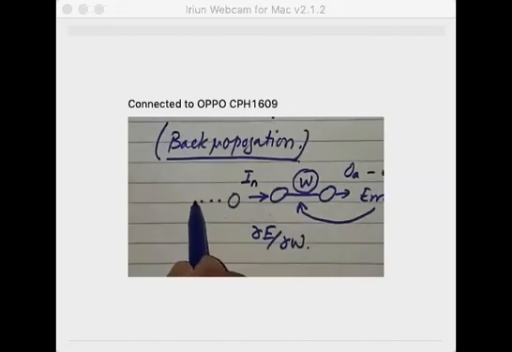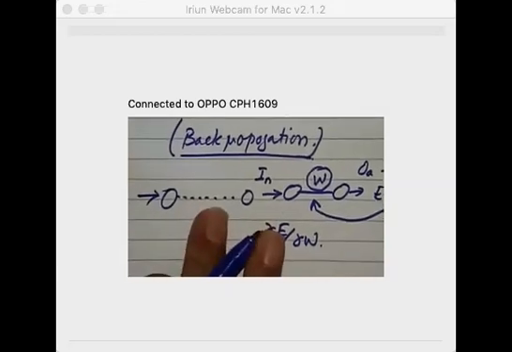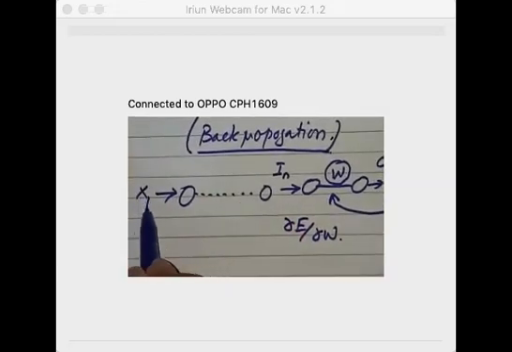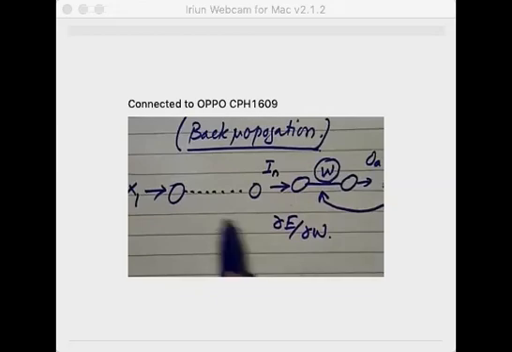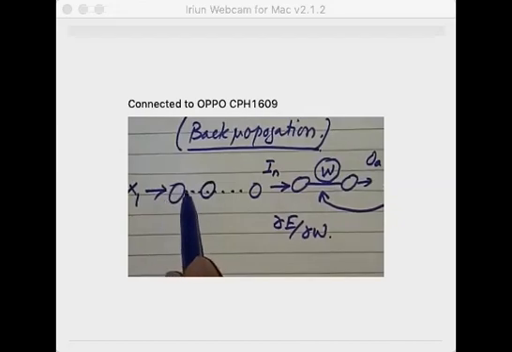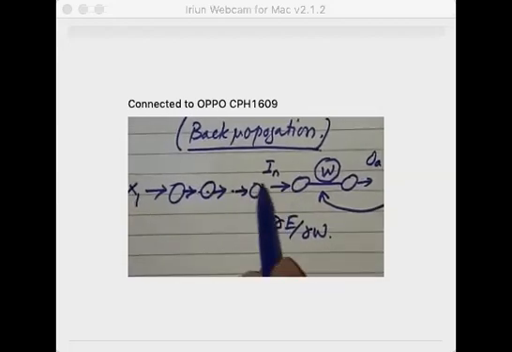This is your initial neuron, and here you have the input x1, and you have some intermediate neurons here. The input goes into this neuron, and output comes here. This output becomes an input to the next neuron, and the output of the next neuron becomes an input of the future neuron. So this neuron would have some output, and that output is primarily the input of this particular neuron.